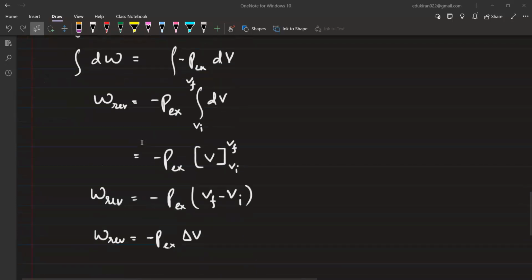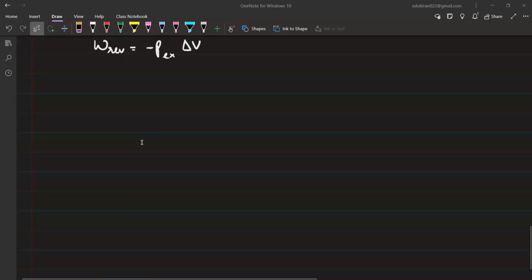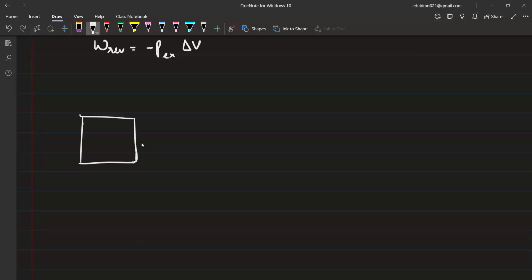Now, let us suppose we have some container like this. This is the piston, and we have some gas here. Whatever we do inside the system, we have to talk about all the things which are inside the system.